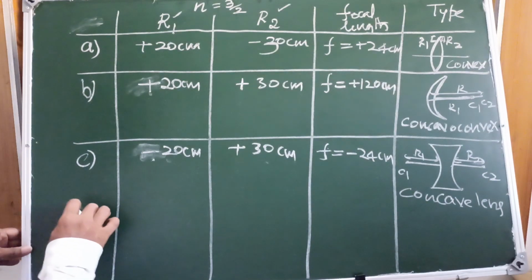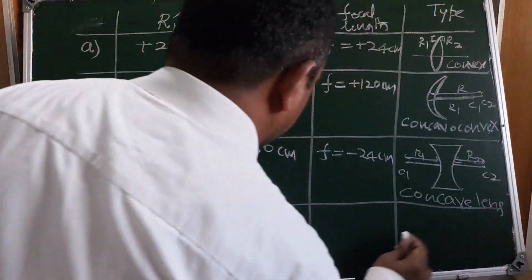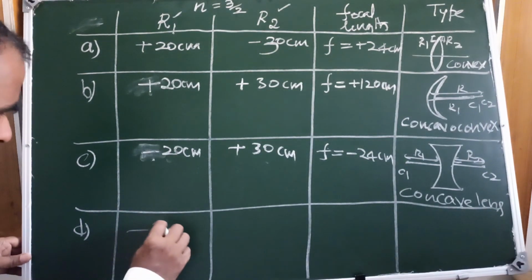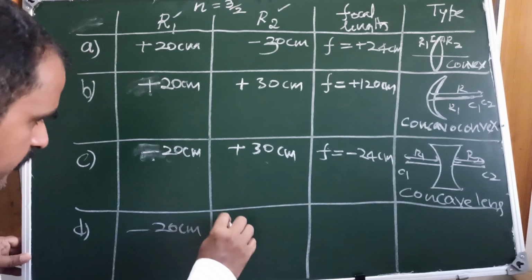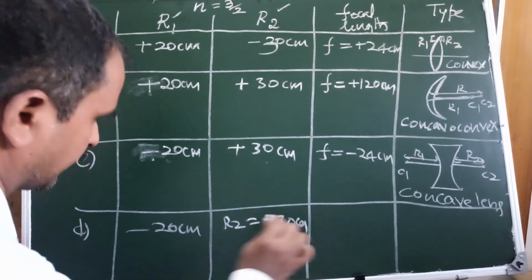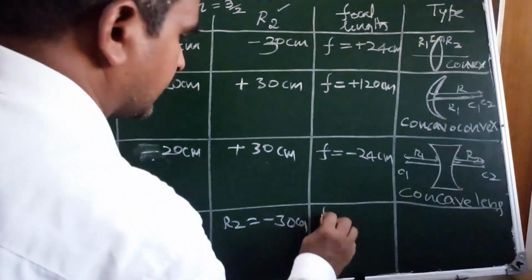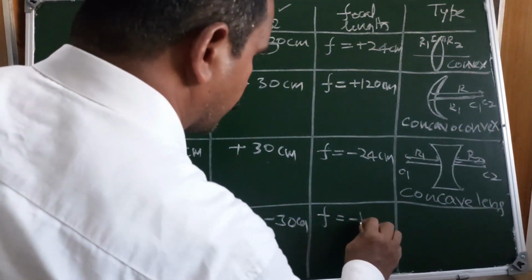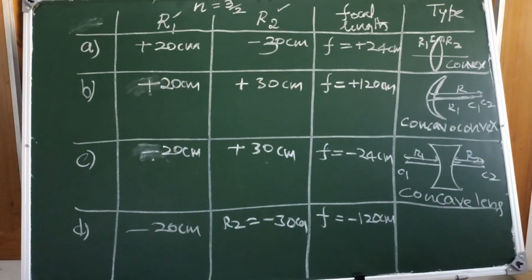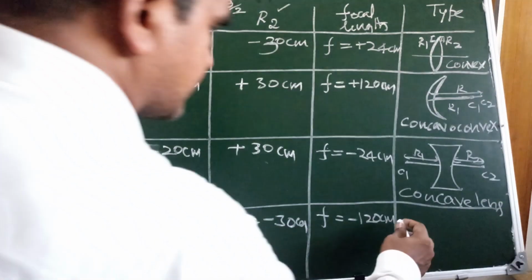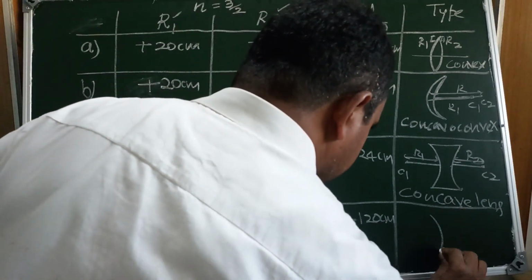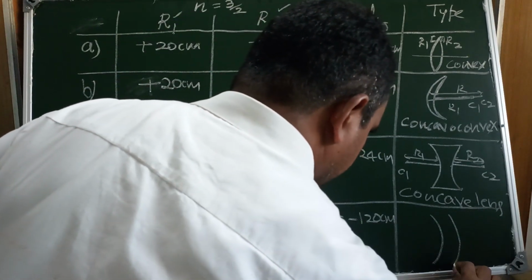This is the third type we got. The last type we have taken, both are negative. R1 is minus 20, R2 is also minus 30 centimeter. Here the focal length we got is minus 120 centimeter. Minus 120 centimeter means both curvatures are towards the left, like this.